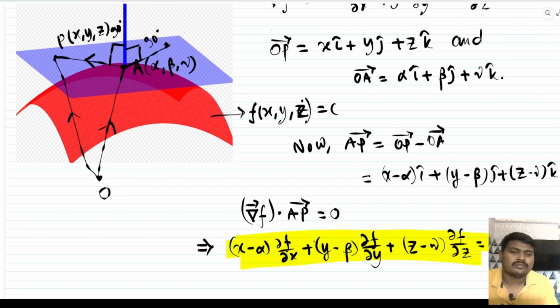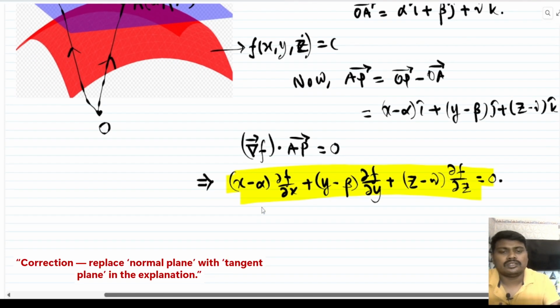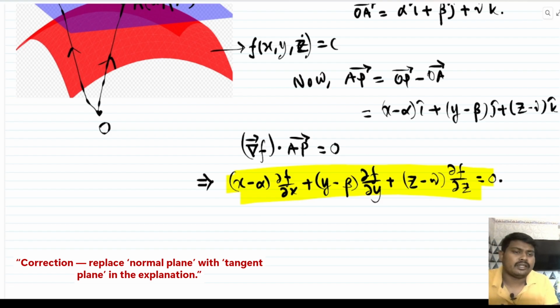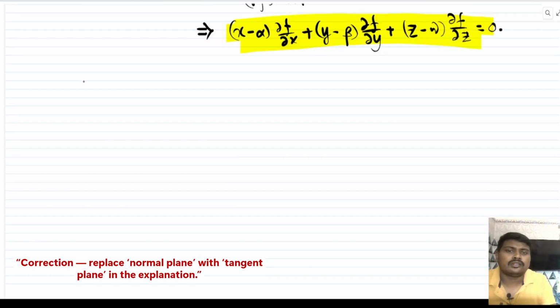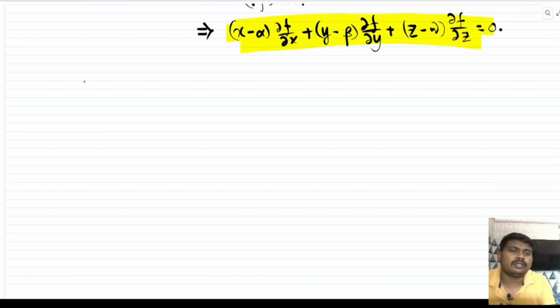Here ∂f/∂x, ∂f/∂y and ∂f/∂z are the direction ratios of the normal line at the point A, since they are the direction ratios of the normal to the tangent plane.